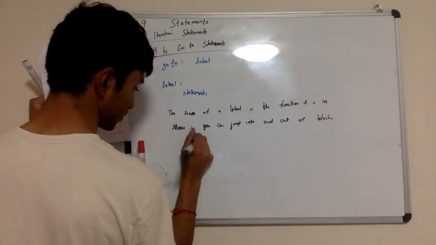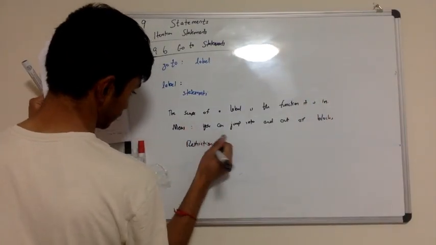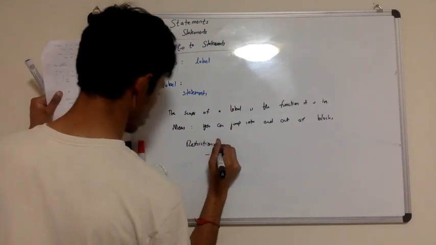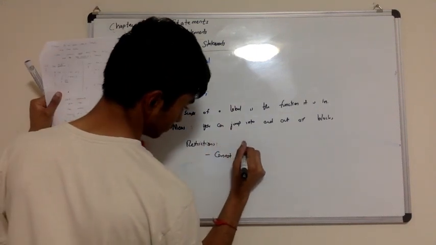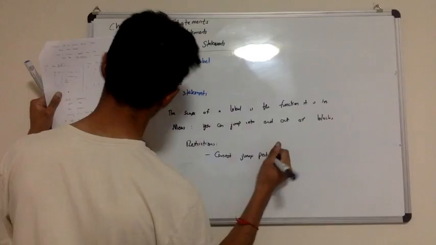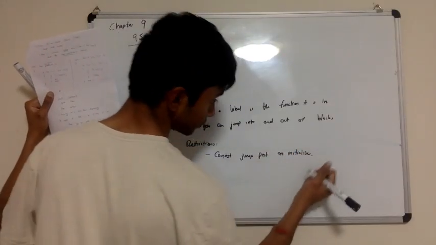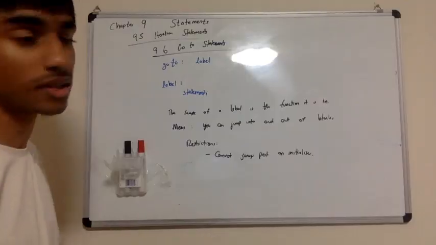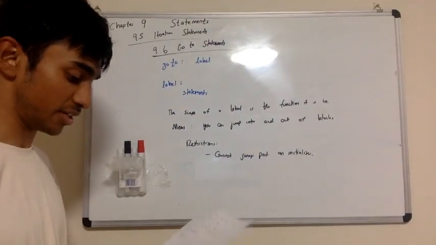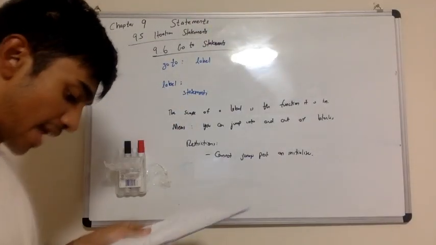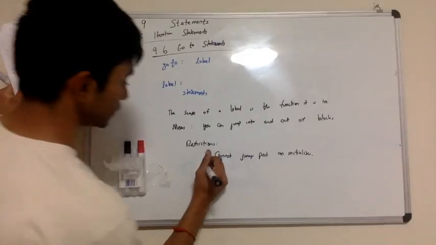But the restrictions are you cannot jump past an initializer, right? Similar to the switch case thing. If you try to jump past an initialization, it's going to cause problems. And you cannot jump into an exception handler.